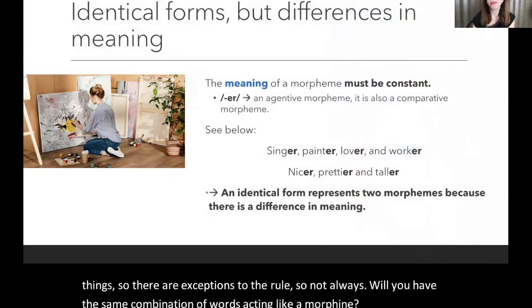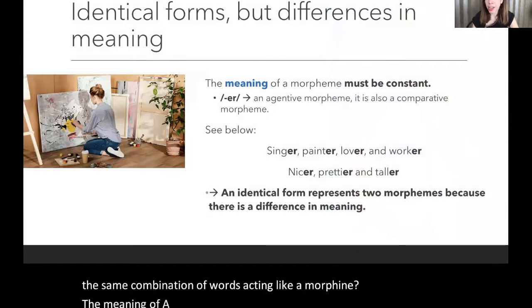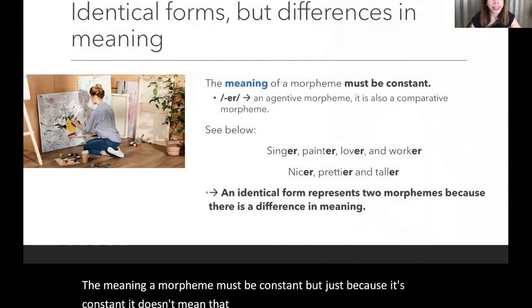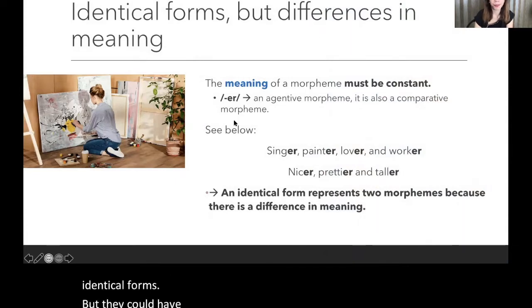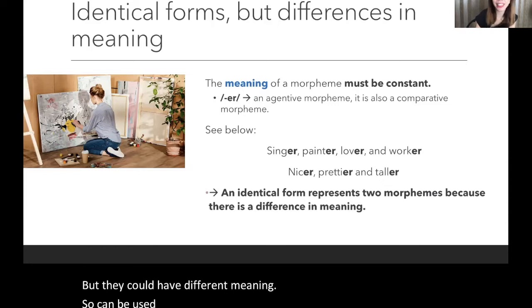The meaning of a morpheme must be constant, but just because it's constant, it doesn't mean that it will always be the same form. We can have identical forms like er, but they could have different meanings. So er can be used to talk about agency or the action, but er is also used as a comparative morpheme.